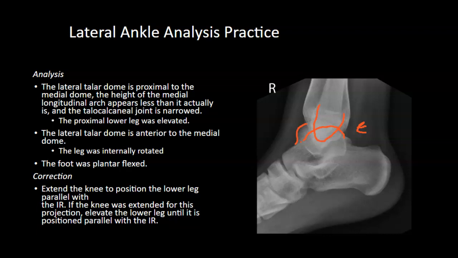So we need to internally rotate that leg to get that foot projection and that foot position appropriately. Also, if you take a look here, we've got this foot in plantar flexion. So I'm not sure what this technologist did here, but they failed at all positioning guidelines.